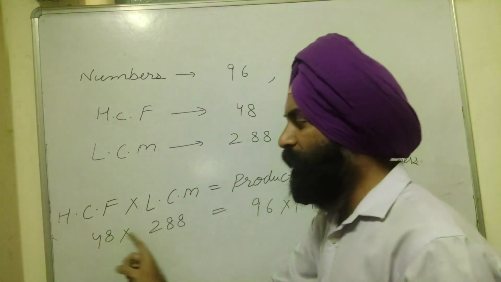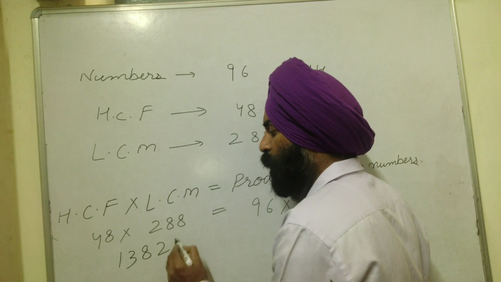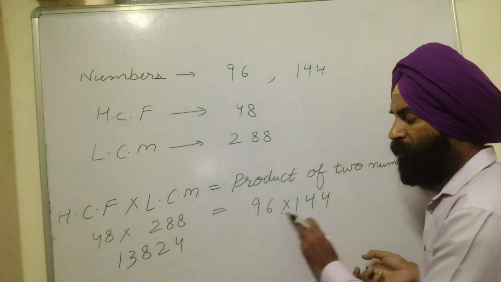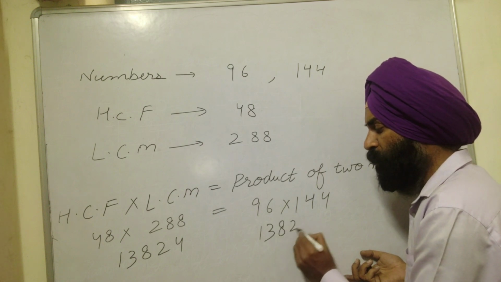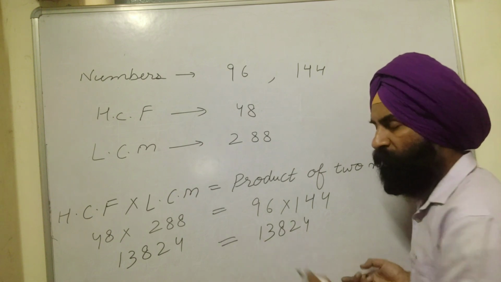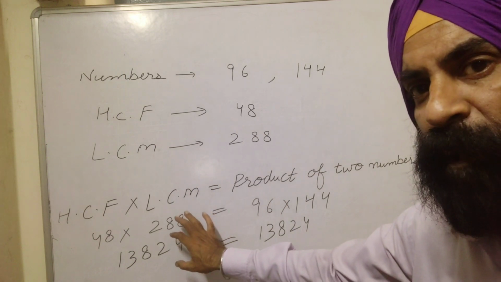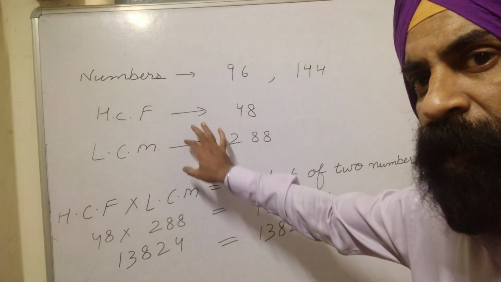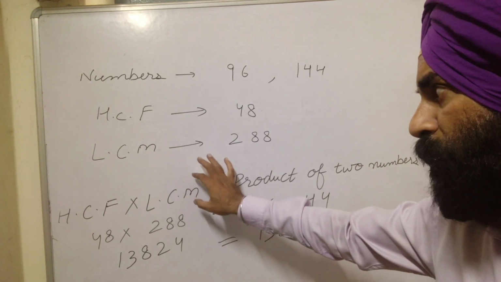After multiplying HCF and LCM, you will get 13824. And when you multiply these two numbers, you will again get 13824. So you will see both the results are equal. So this is a relation between the two numbers and their HCF and LCM.